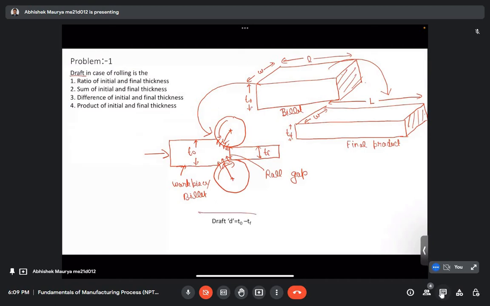So draft is defined by the difference of initial and final thickness. So the correct answer for this question will be the third one. I think it's clear to all of you, and if any of you have any doubt you can ask me, otherwise we shall move to the next question.